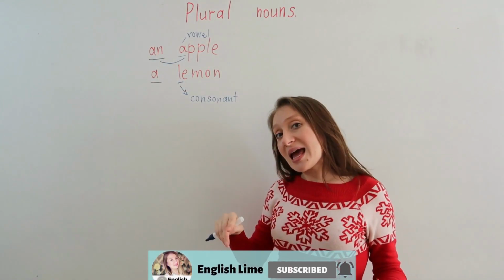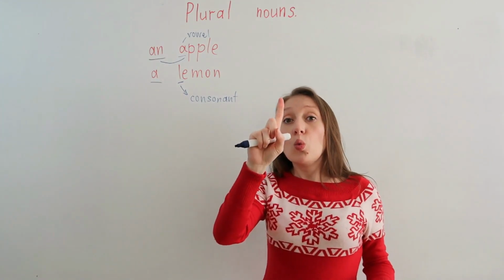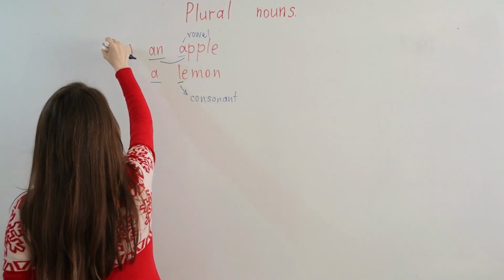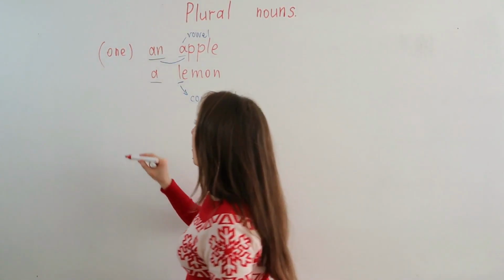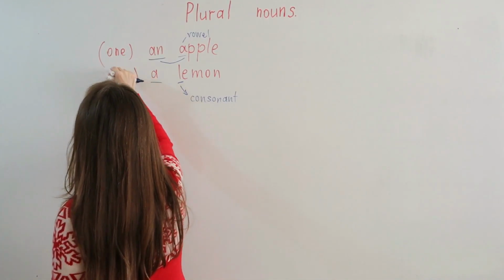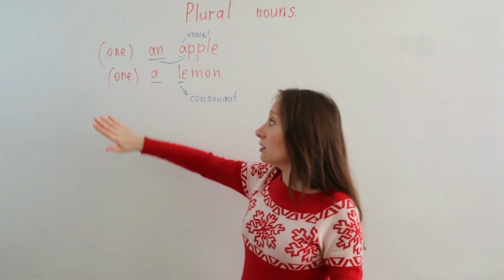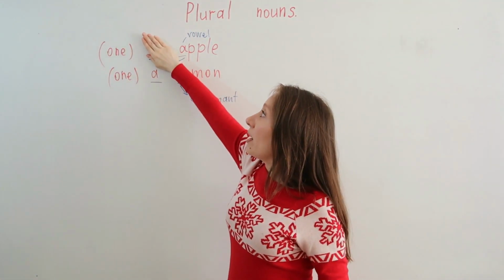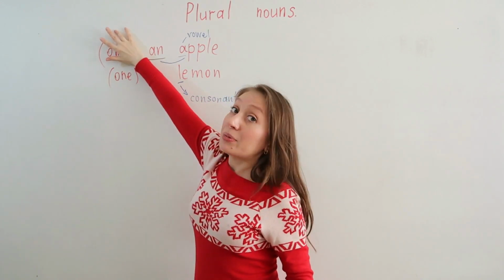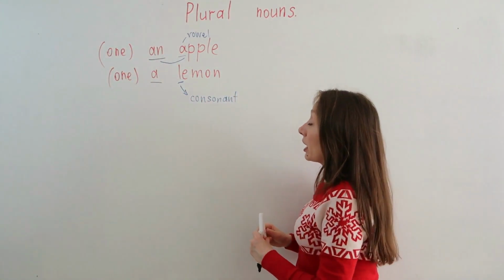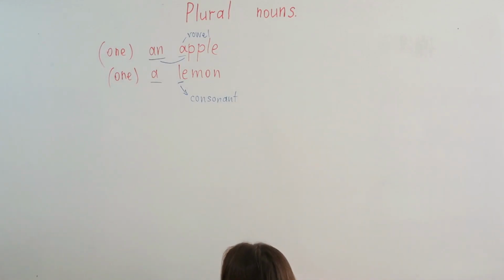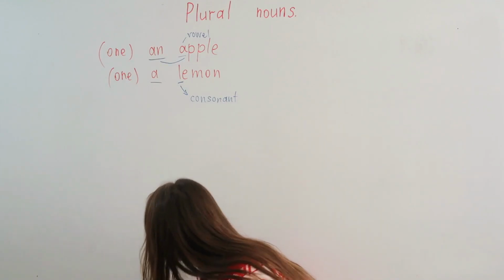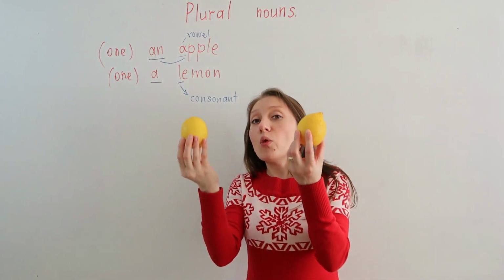And actually the articles an and a mean one. So it means one apple or one lemon, right? A lemon, one lemon, one apple, an apple. Okay, actually I can show you. We have one lemon, right? How can you say it when you don't have one, when we have more?